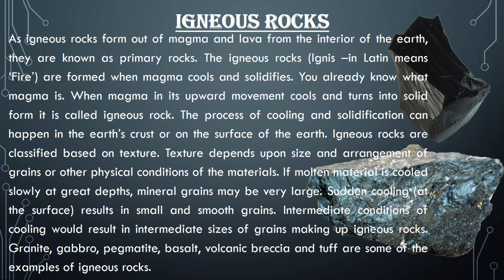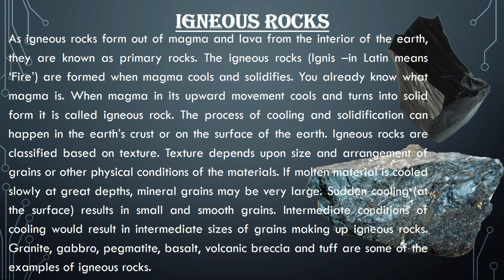Igneous rocks are classified based on texture. Texture depends upon size and arrangement of grains or other physical conditions of the materials. If molten material is cooled slowly at great depths, mineral grains may be very large.